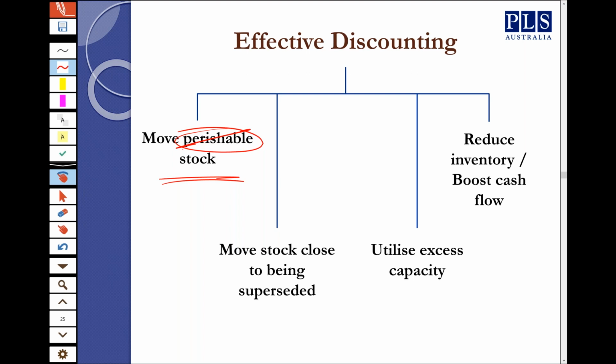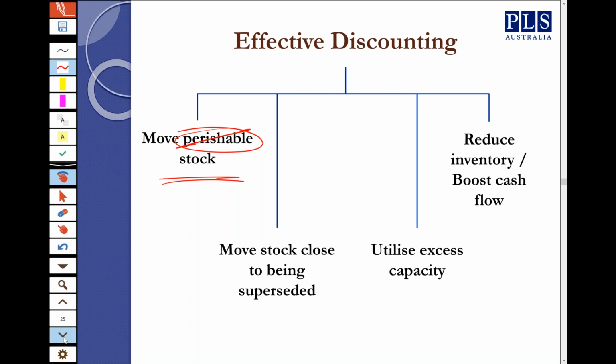So another one of these instances where the Institute basically told markers, if they start with move perishable stock, and then if their second one is moving stock close to being superseded, you are to interpret it as a textbook answer, not an answer where they've thought it through against the facts. So we need to just, again, appreciate expectations.